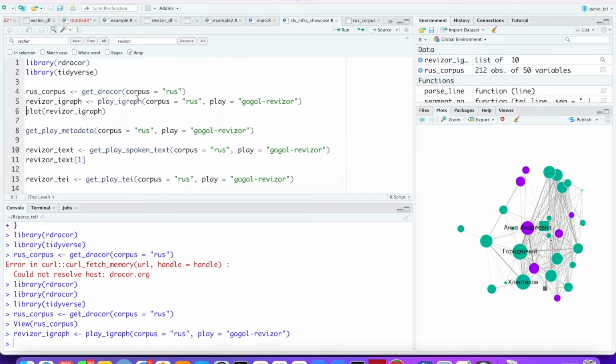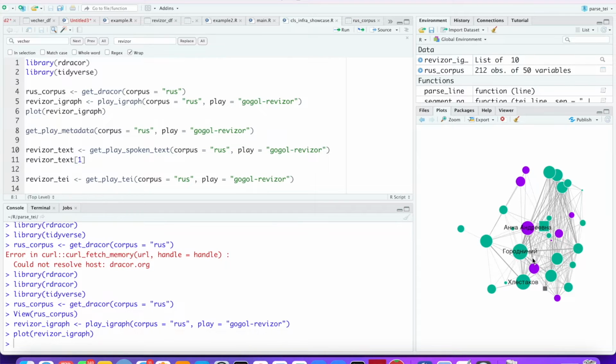In particular, it is based on a popular package for working with graphs, iGraph. Vertices are colored based on gender. And you can see the most important characters in the play: Gorodnichiy, Khlestakov, Anna Andreevna.